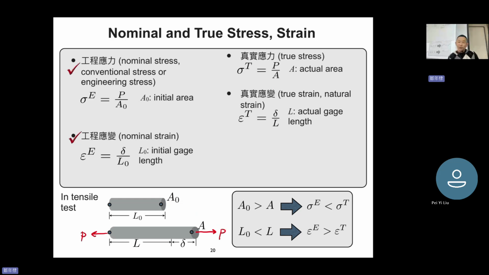So when you go up by dP a little bit, L0 becomes maybe L0 plus dL. After you finally reach the magnitude of P, your actual gauge length becomes L, and then you need to determine epsilon T. So this is really difficult, okay?